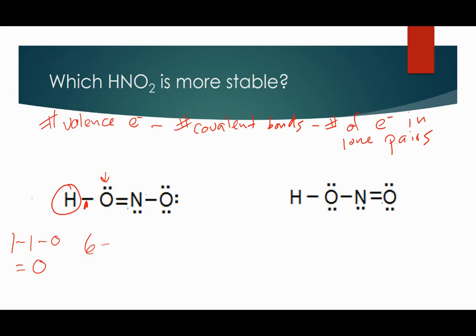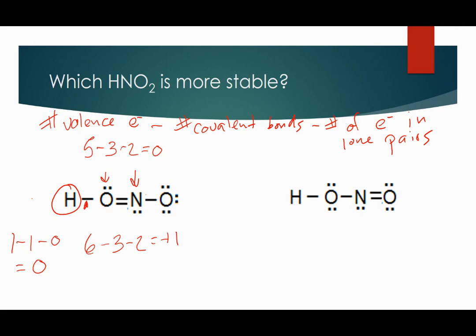We have 3 covalent bonds, and we have 2 electrons in a lone pair, which gives us a formal charge over our first oxygen of +1. If we're looking at our nitrogen here, we've got 5 valence electrons available, we've got 3 covalent bonds, and we have 2 lone pair electrons, which gives us a formal charge of 0.